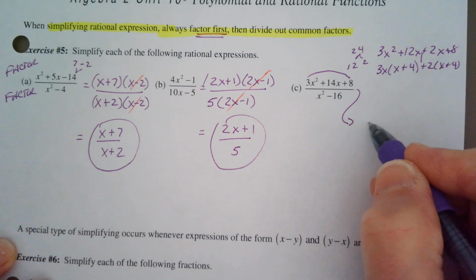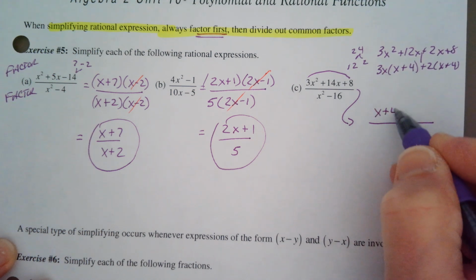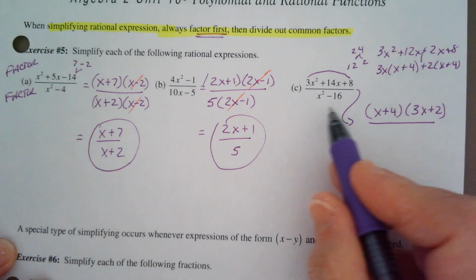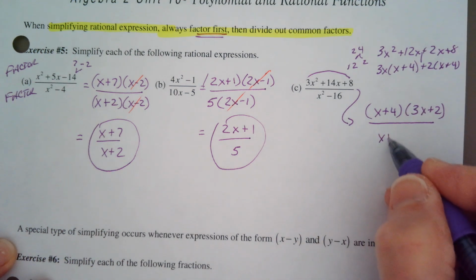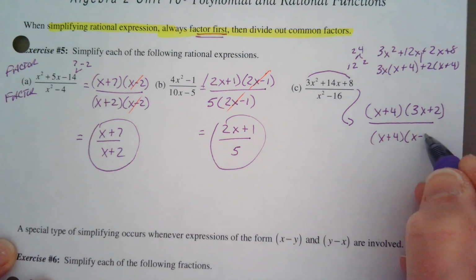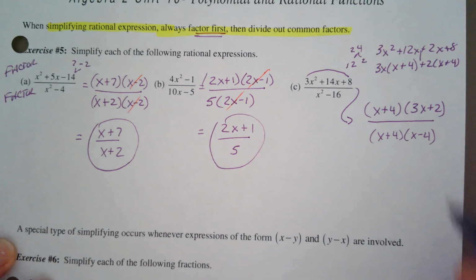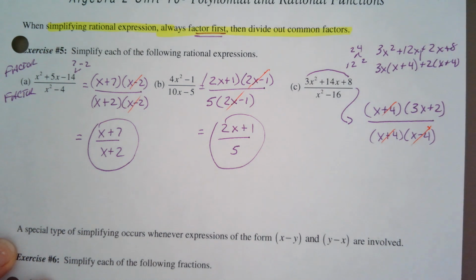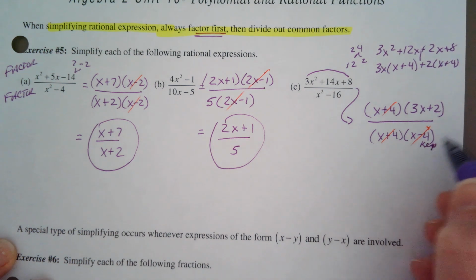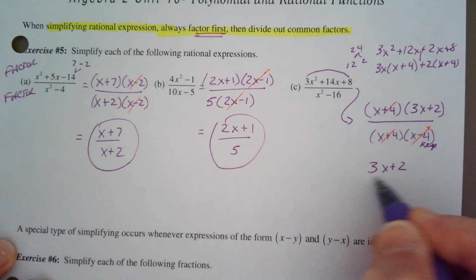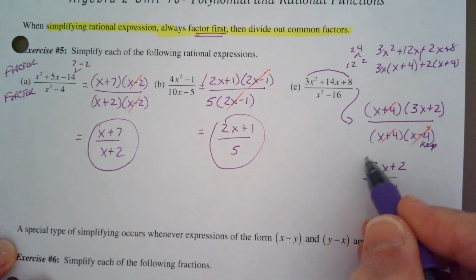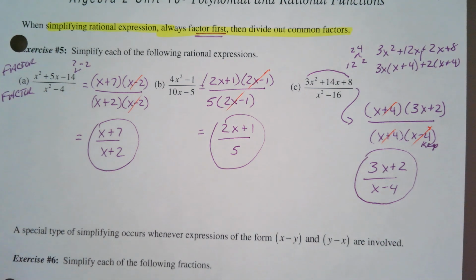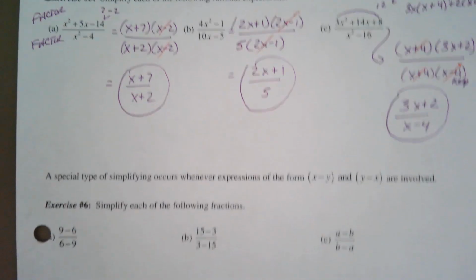So this factors into x plus 4 times 3x plus 2. And the difference of perfect squares, x plus 4 times x minus 4 for our denominator. Plus 4 is divided out. Keep this one. 3x plus 2 over x minus 4. So all that factoring we did back in Unit 6, I got to bring it back to you here in Unit 10.